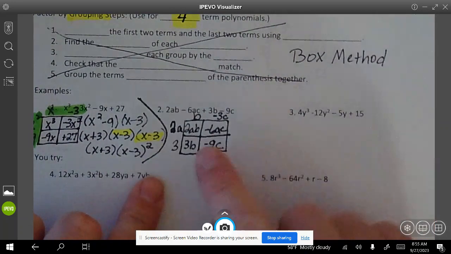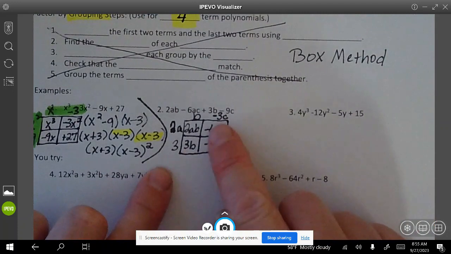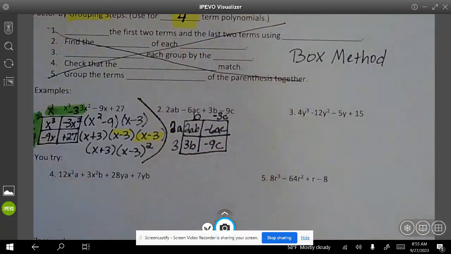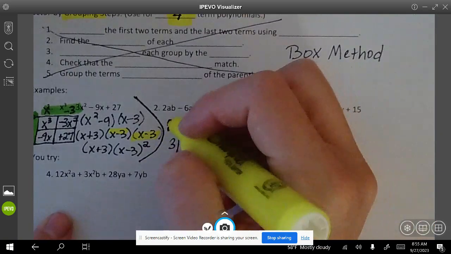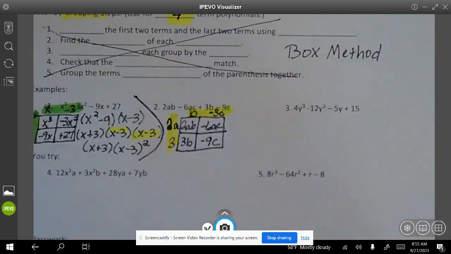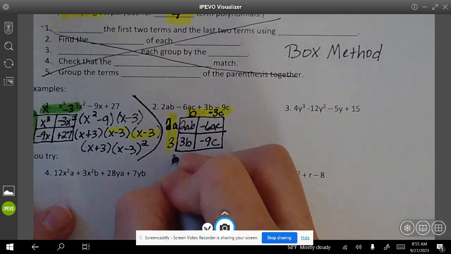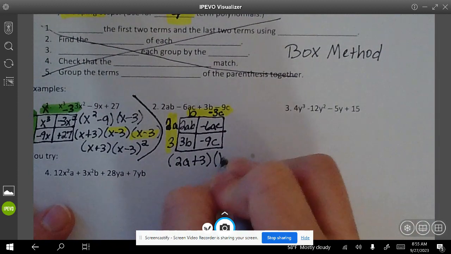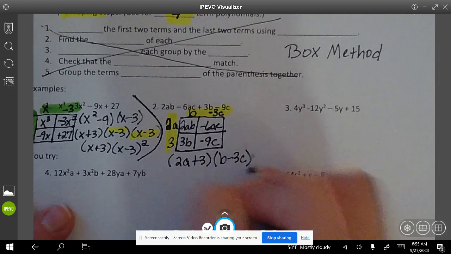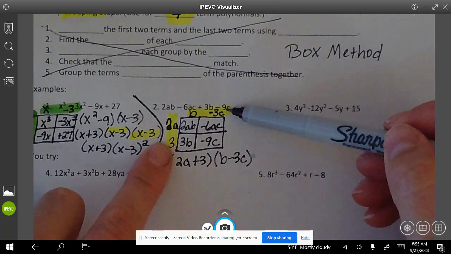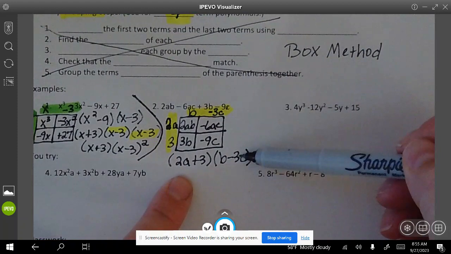And then check: is 3 times negative 3c equal to negative 9c? And it is. So my two answers come from here: 2a plus 3 and b minus 3c. And this is how you write it: 2a plus 3 times b minus 3c. I take what I came up with on the outside and put them in parentheses side by side.